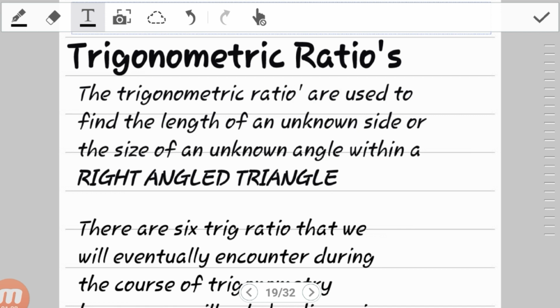This is one of the topics that I've been getting a lot of requests about, the trigonometrical ratios. I'm going to go through the whole concept behind it: what are the ratios, how they are used, and we're going to try to gain some knowledge to become more effective with this topic.